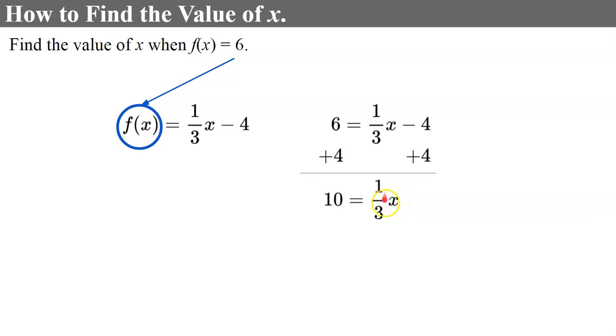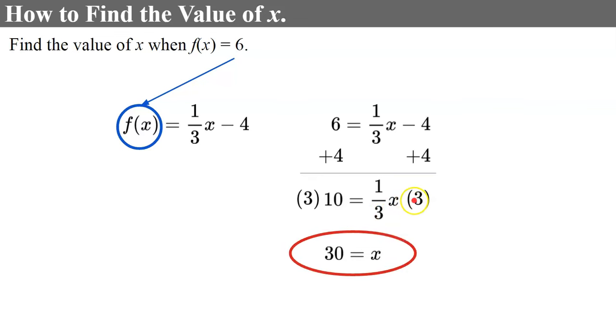To solve for x, I'm going to clear the fraction, the coefficient of 1/3, by multiplying both sides by 3. 3 times 10 is 30, and 1/3 times 3 is 1, giving me a value of x being 30. So I know that f of 30 is equal to 6. When I plug in 30 for x, I will have an output of 6.